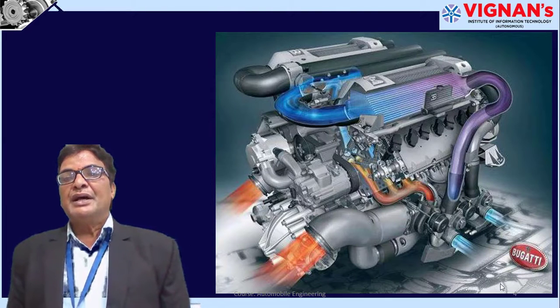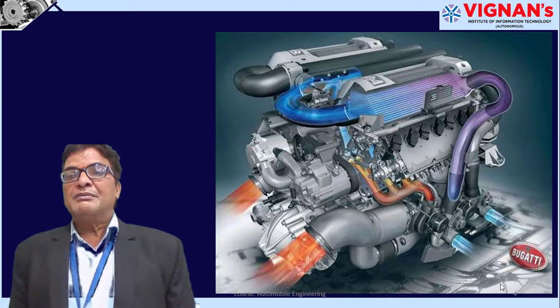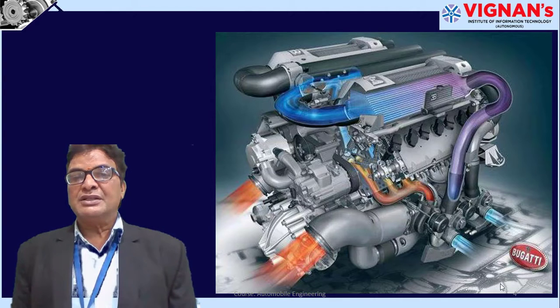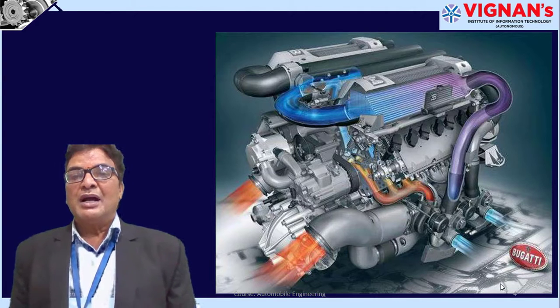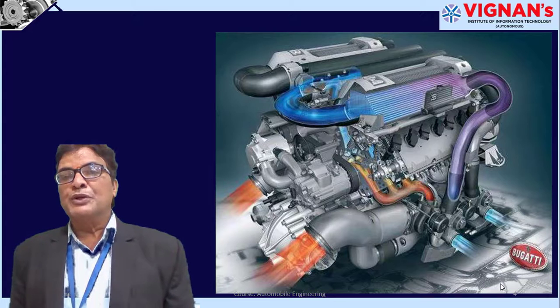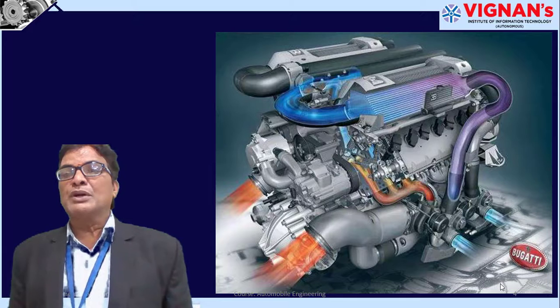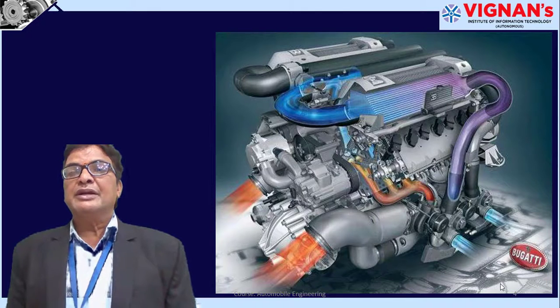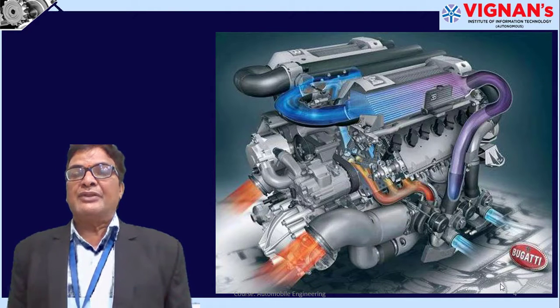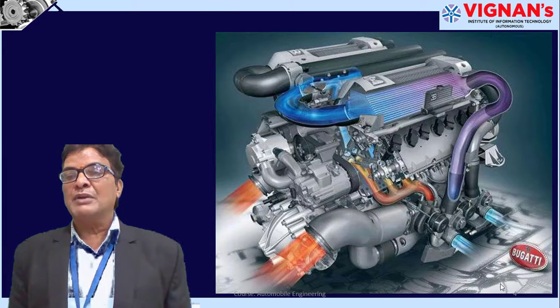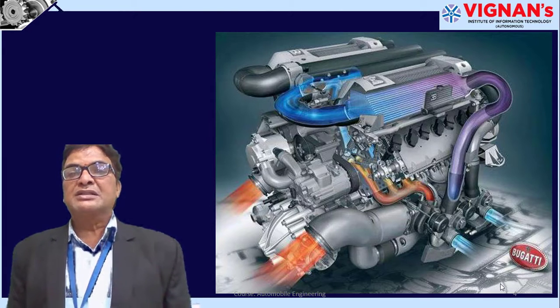This is the schematic of the engine. Here you see the engine's output in the red color, and in the blue color the engine's input, the air from the atmosphere. This is the actual diagram of a Bugatti engine, and its line sketch is shown like this.